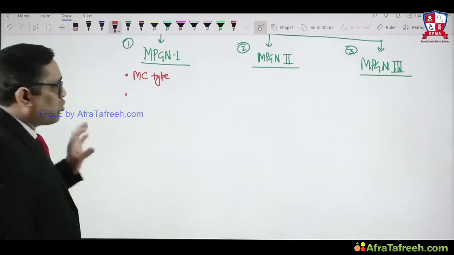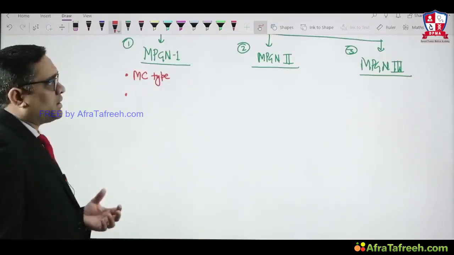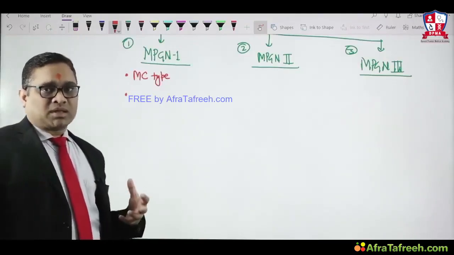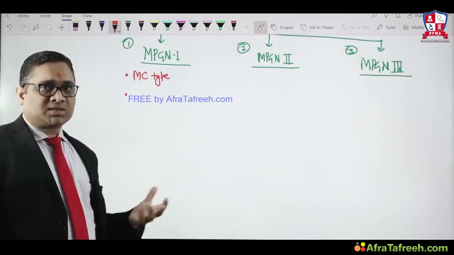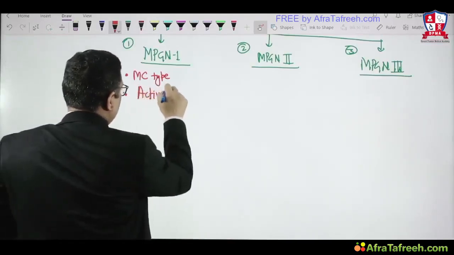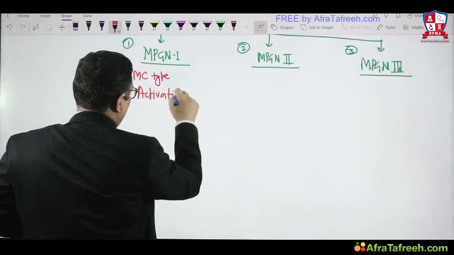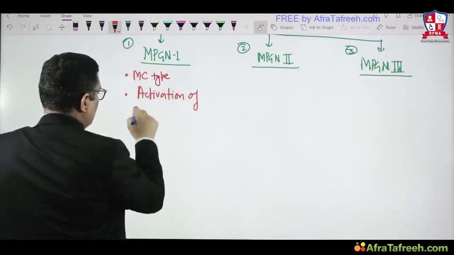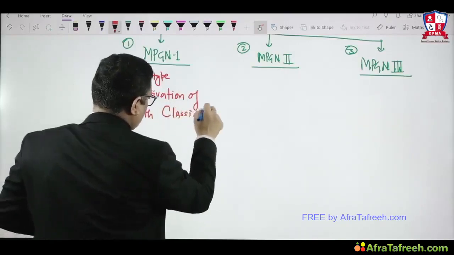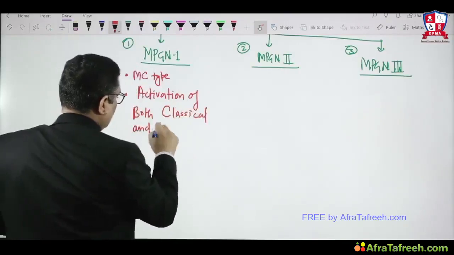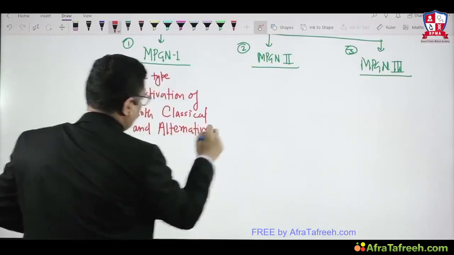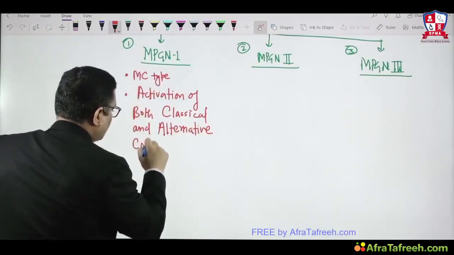In MPGN type 1, the pathology shows activation of both complement pathways, classical as well as alternative.